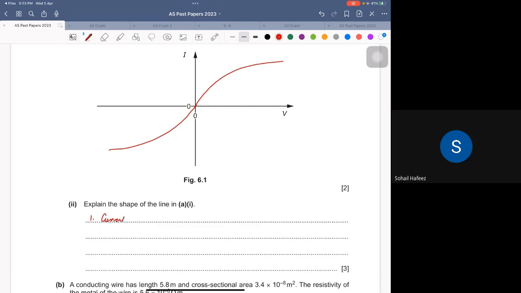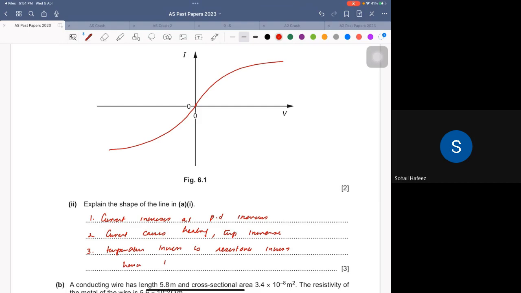Current increases as potential difference increases. Current causes heating. Temperature increases. Number 3, temperature increases, so resistance increases.